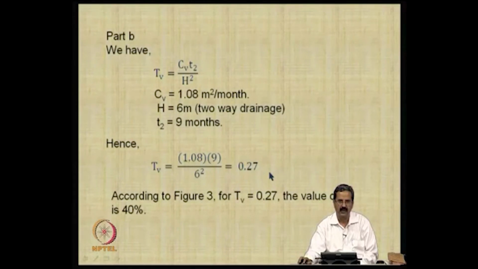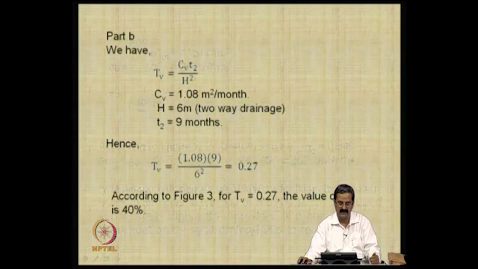We have figure 3 that we just discussed. For 0.27, the value of the degree of consolidation is 40%.